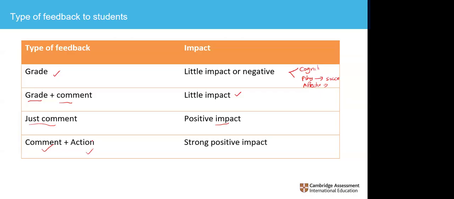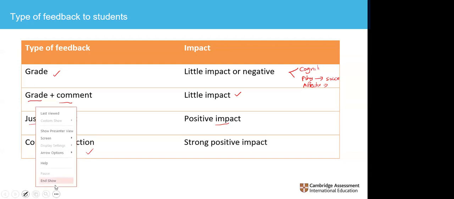Which areas has the child done well? Which areas need improvement? What can the child do in order to improve? All those aspects must be captured during the presentation of what you are doing.